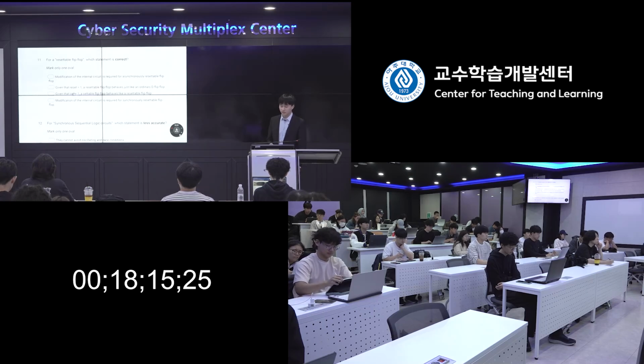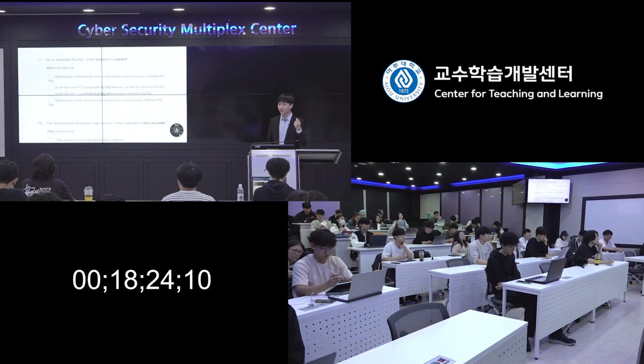If you read just the first part of this sentence, you know it's wrong, because it's a resetable flip-flop. There's no set input. There's only reset input. Okay, this is wrong. The last option is just the exact opposite of the first one, which is true.